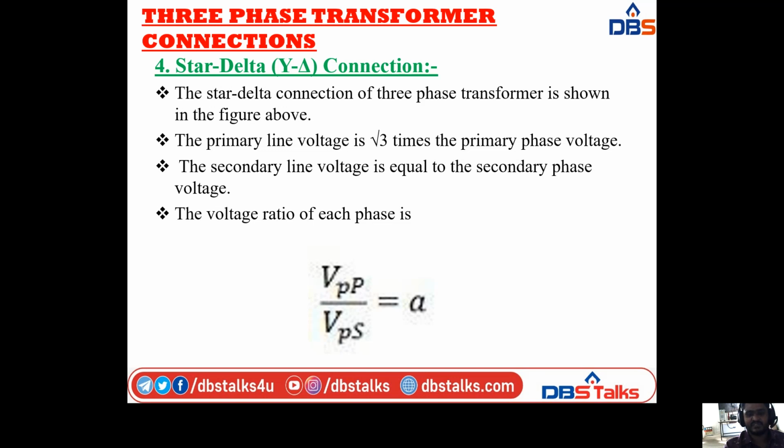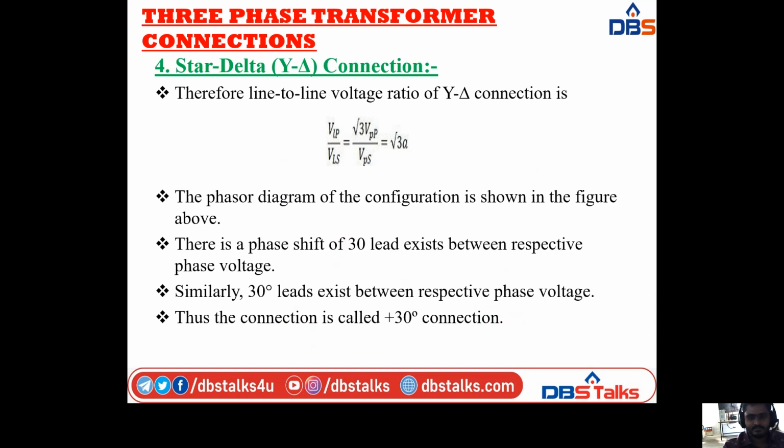So the voltage ratio of each phase, VPP by VPS, is equal to a. That means VPP is the phase voltage of the primary side, and the ratio of the phase voltage of the primary side to the phase voltage of the secondary side is equal to a. Therefore, the line-to-line voltage ratio of the star to delta connection is VLP by VLS, equal to root 3 VPP by VPS, which is equal to root 3 times a.